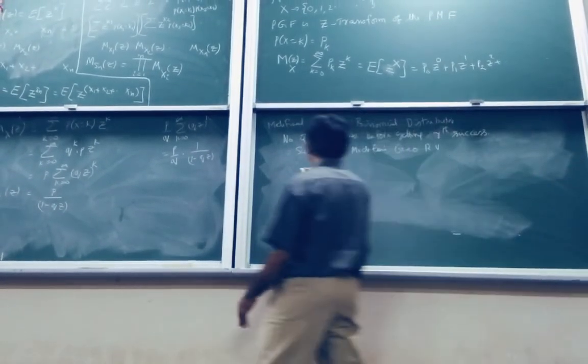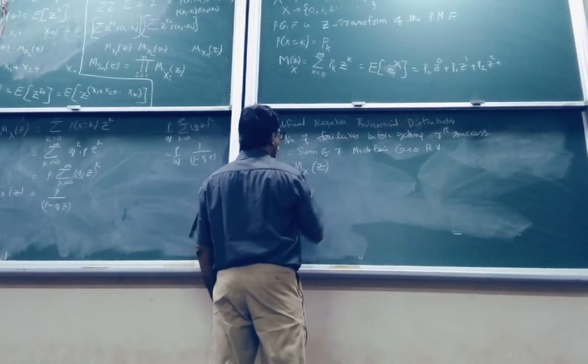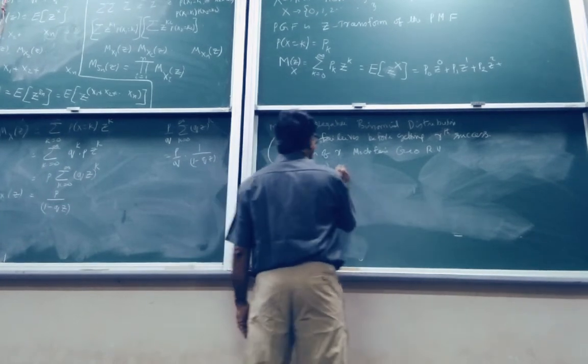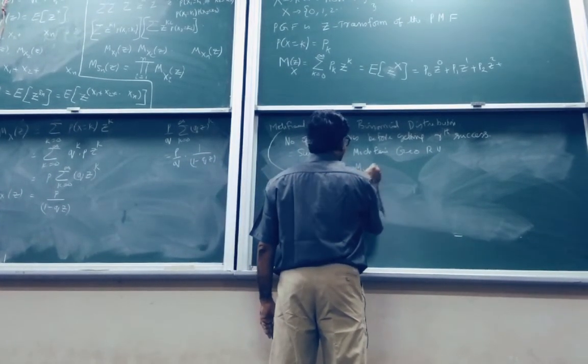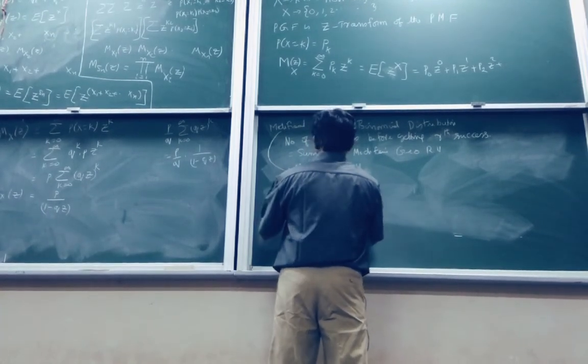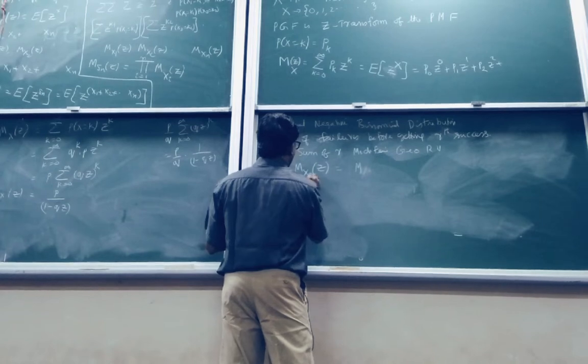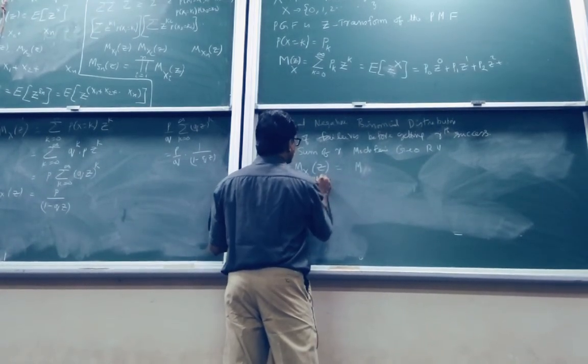So the MGF of this one will be the rth power of the modified geometric one.